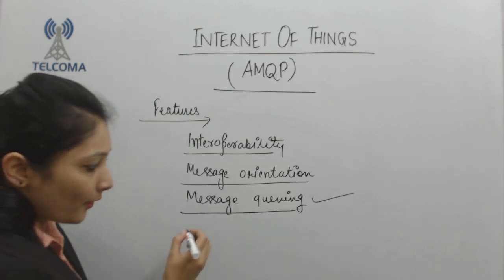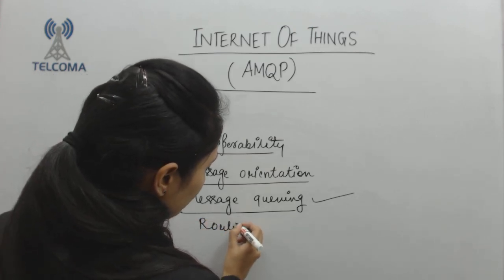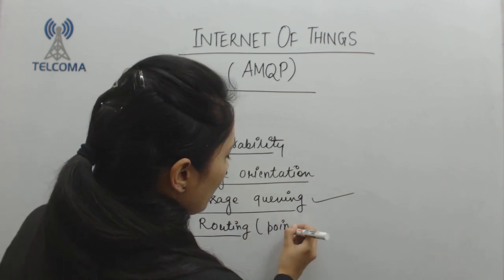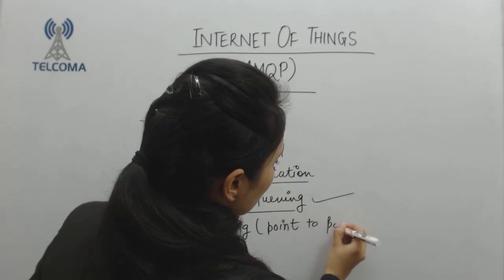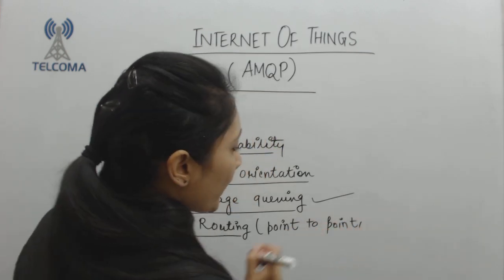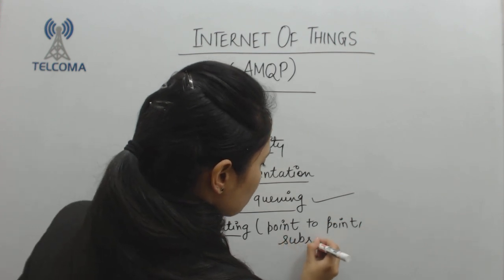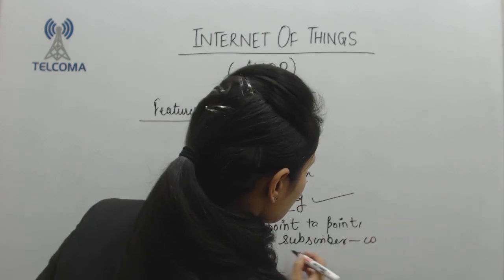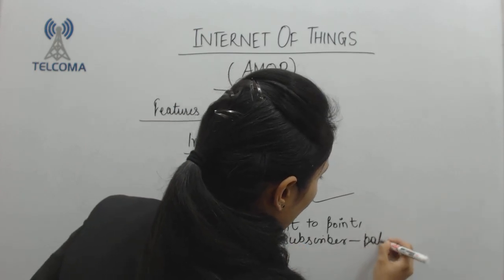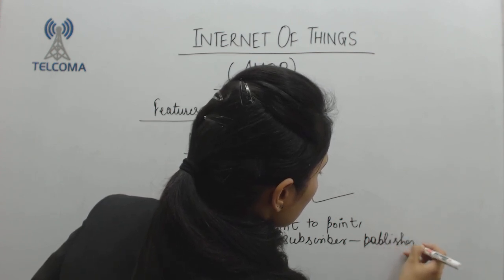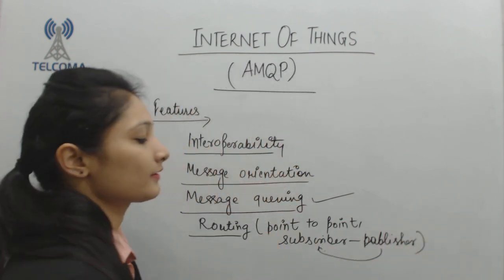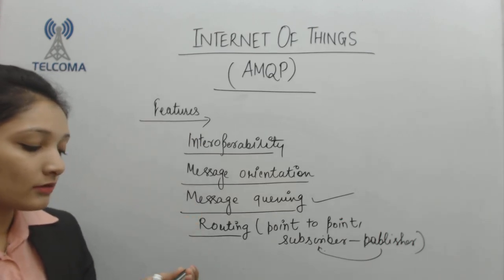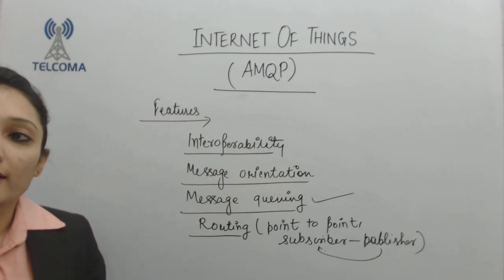After that, it performs the routing of those messages. This routing is either point to point or from publisher to subscriber.